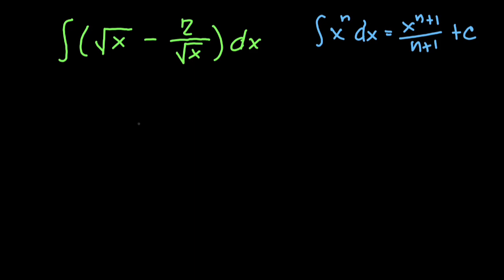Next, the integral of square root of x minus 2 over square root of x. So, let us start first. When dealing with square roots, you must put it into its exponent form in order to use this formula. But first, let us split this integral apart into two parts.